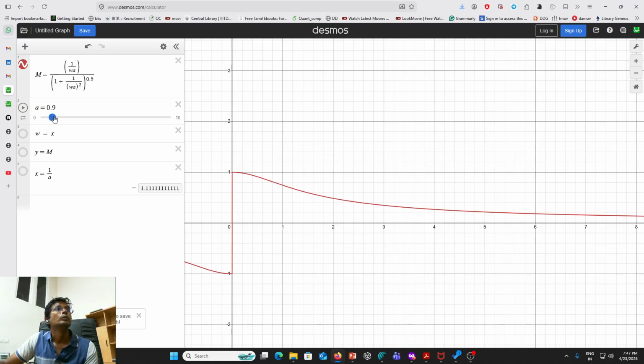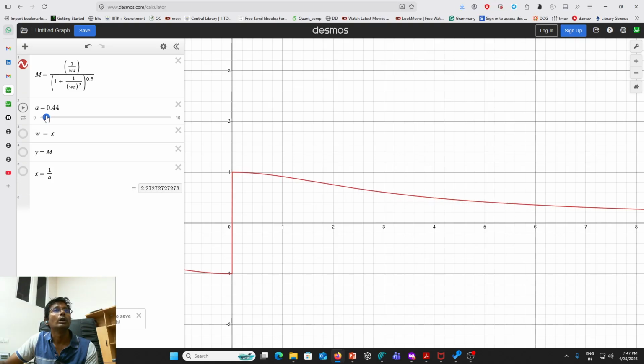If I lower my RC value, then I have a magnification factor at low frequency which is close to 1, which means it's not filtering out anything. Whatever input at low frequency is coming comes out as output at low frequency. But if you look at the high frequency, let's say for omega equal to 6, the magnification factor is like 0.35.